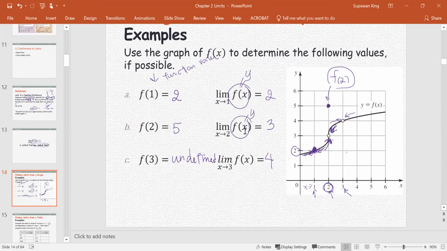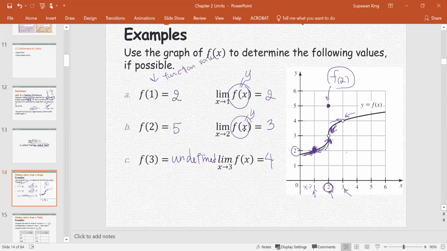All right. Thank you. So for x approaches 1, as x approaches 1 from the left, from the right, what is the function value approaching? That value, not exactly the function value itself. You see the case in part A, the function value is 2. The limit is also 2.